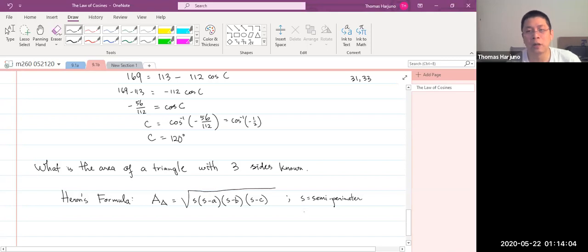Semi-perimeter, that is half of the perimeter.